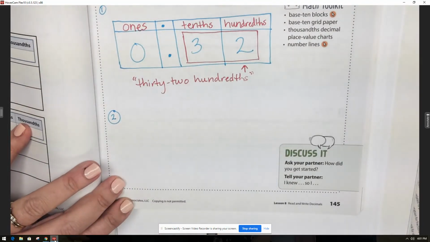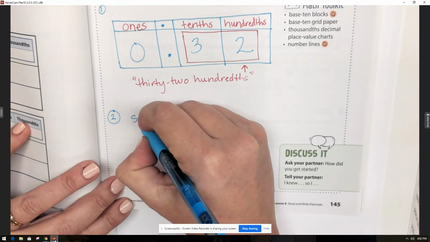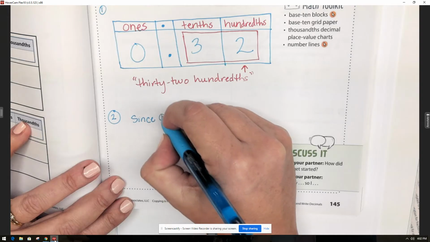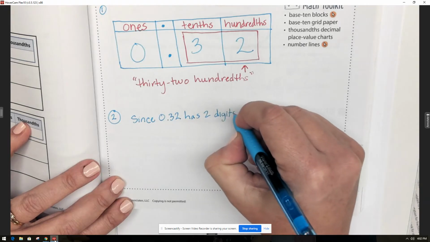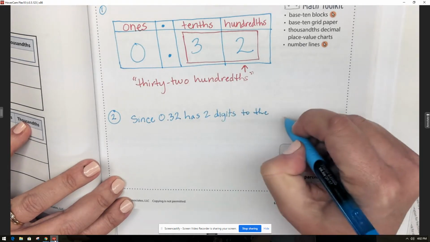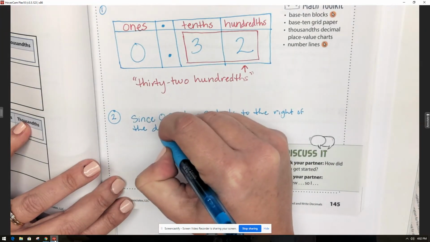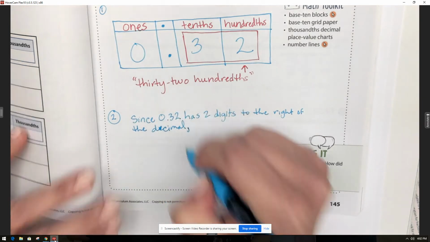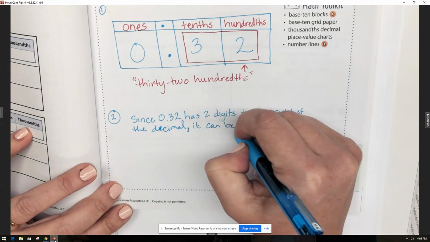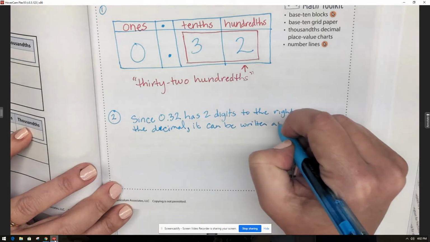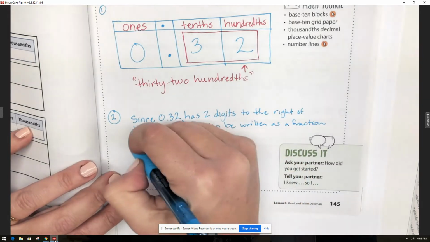Okay, another way that you may have drawn this or explained how you would read that would be, okay, well, I know that since 32 hundredths has 2 digits to the right of the decimal, it can be written as a fraction with 100 as the denominator.